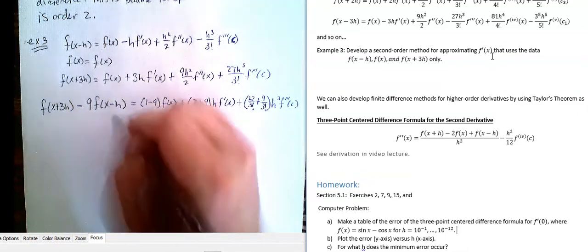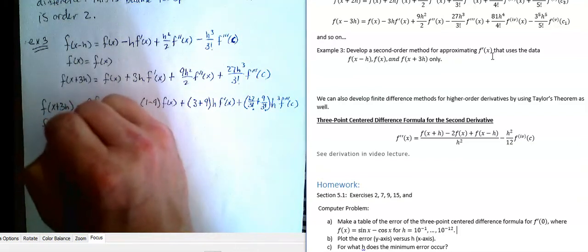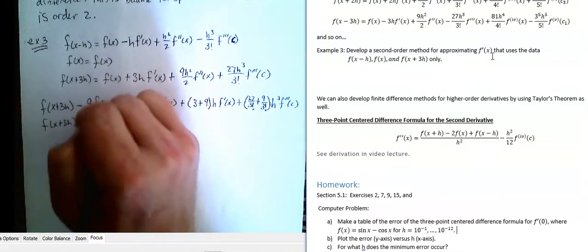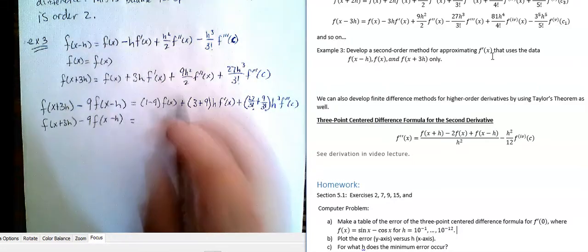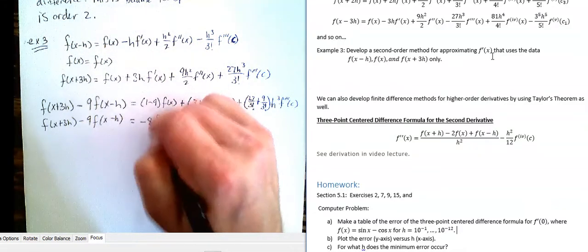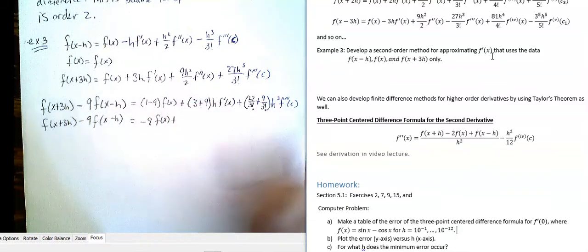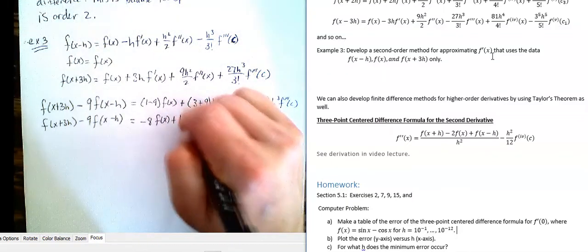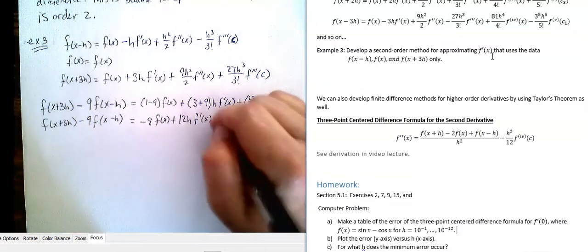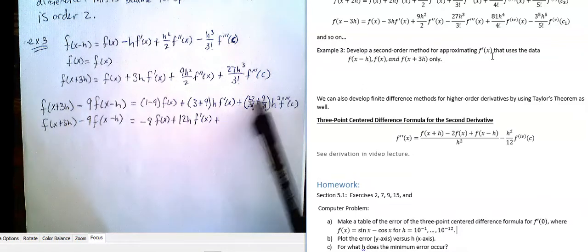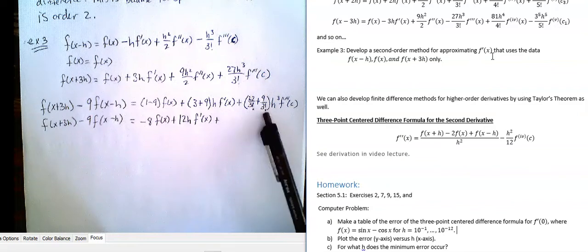So let's clean that up. This will be, so let's do the left-hand side again. Negative 8 f of x plus 3 plus 9 is 12 h f prime of x plus, so let's see, 27 over 3 factorial plus 9 over 3 factorial.